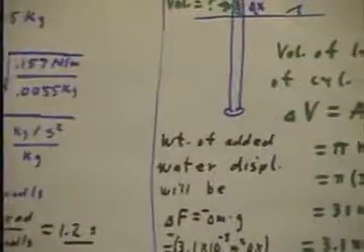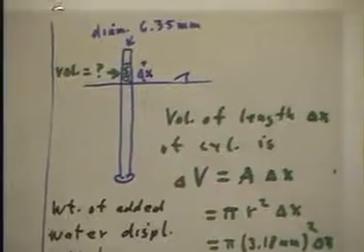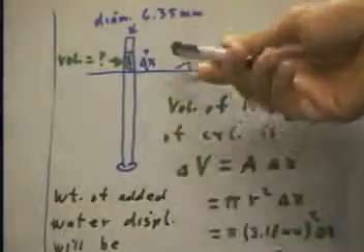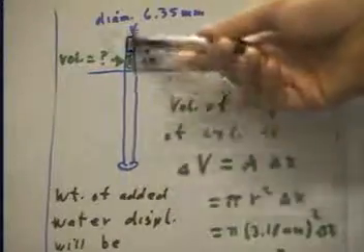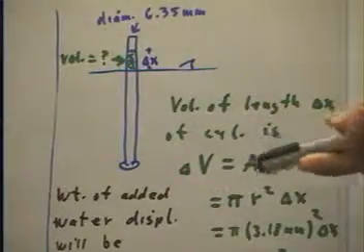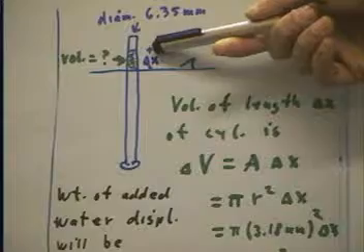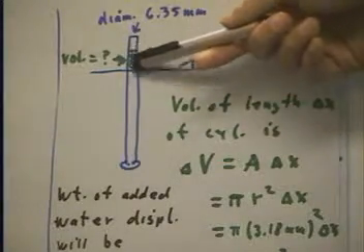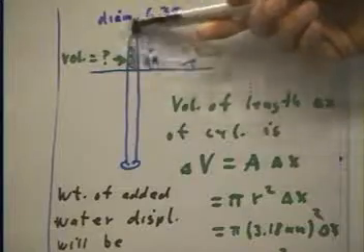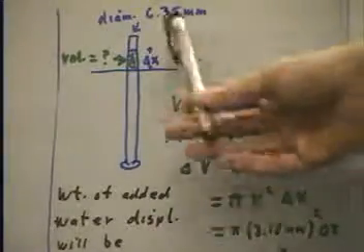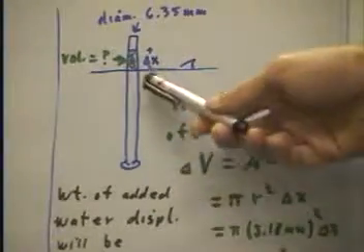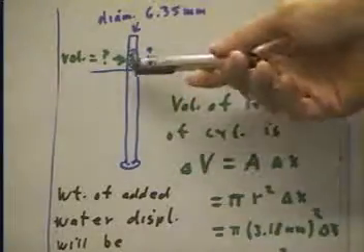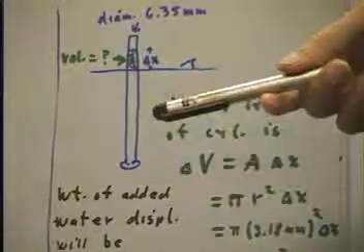Let's analyze the situation theoretically. If we have the system in the water, and we push it down by distance delta x, so that this volume gets submerged, then we're going to have an extra buoyant force equal to the weight of the water displaced by this volume.